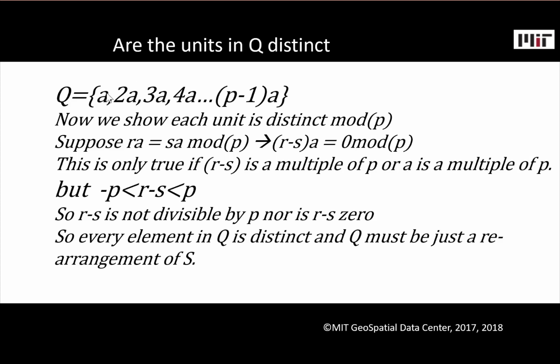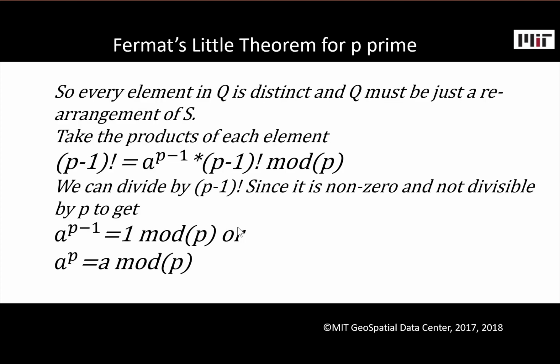And so that means that these must just be a rearrangement with respect to mod p, remember. These numbers may be greater than p, and when we divide, these numbers in Q are exactly the same numbers as we saw in S, but rearranged. Now that means that if we multiply all those numbers in S together, we get p minus 1 factorial. So we get 1 times 2 times 3 up to p minus 1. If we take them in Q, we can take out p minus 1 a's.